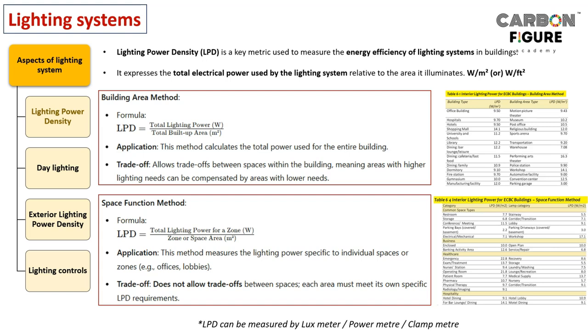So what about the trade off? With respect to building area method, trade off is allowed, right? Between spaces within the building, meaning areas with higher lighting needs can be compensated by areas with lower needs. That's what I was talking about. Whereas in space function method, the formula goes like total lighting power for a particular zone, right?